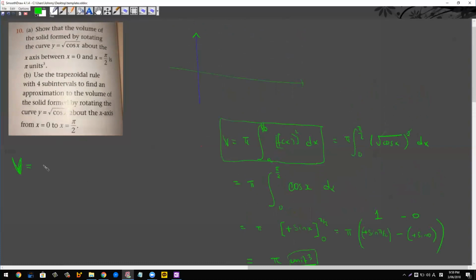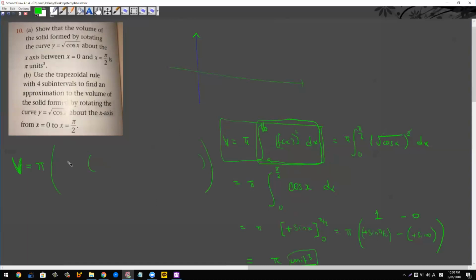The volume is, you have to multiply by pi. Of course, there's a pi, but this integral here can be approximated by the trapezoid rule. Okay, do you remember the rule?